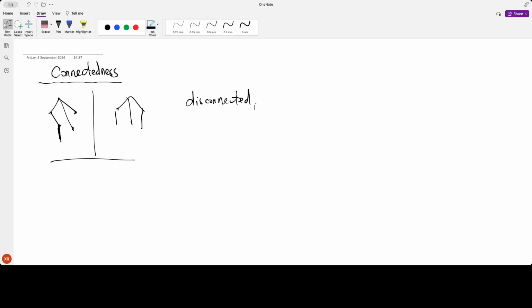Okay, so a graph is called connected if you can walk from any vertex to another vertex.